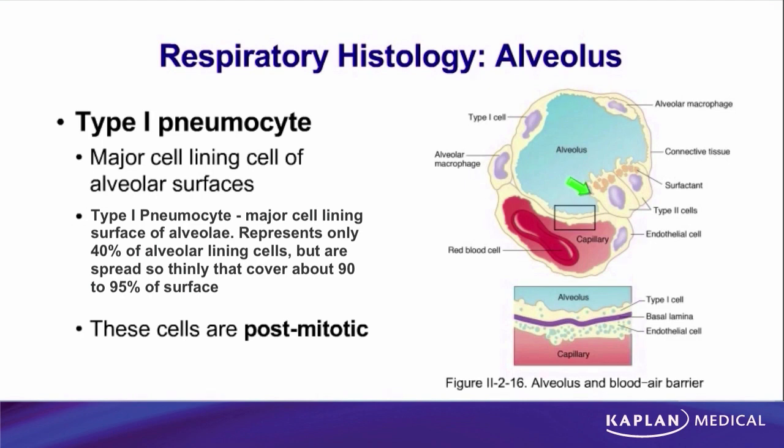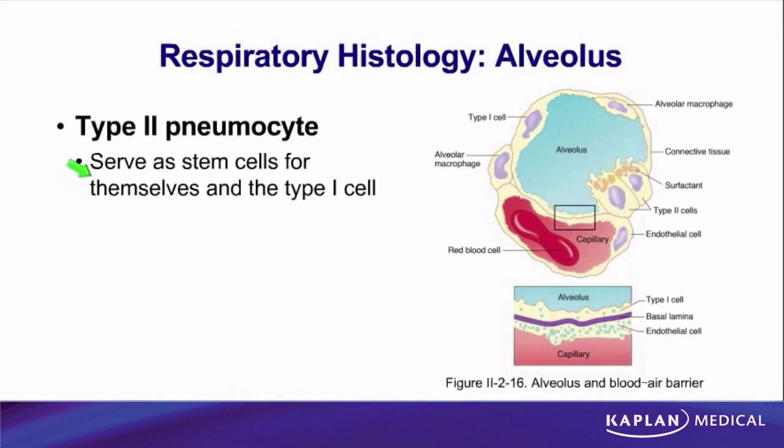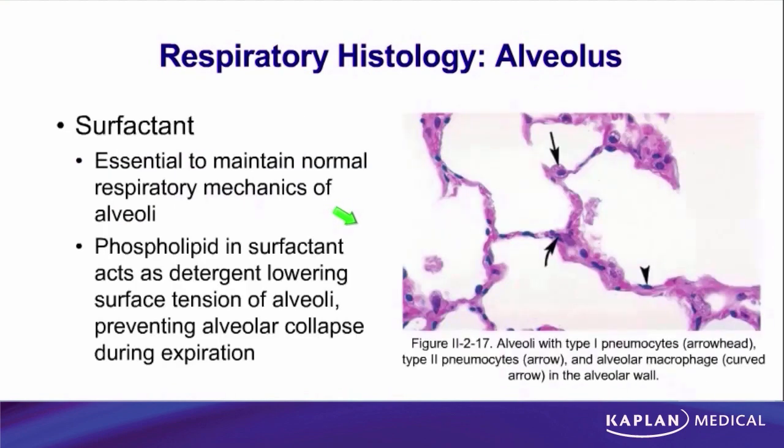Recognize that actually there are more type 2 pneumocytes than there are type 1 pneumocytes, but because type 1 pneumocytes are so thin and attenuated, most of the surface area of an alveolus is lined by type 1 pneumocytes, with a very limited amount of the surface area accounted for by type 2 pneumocytes. There are more of these, they just don't cover as much surface area. And type 2 pneumocytes, again, serve as stem cells for type 1 pneumocytes.